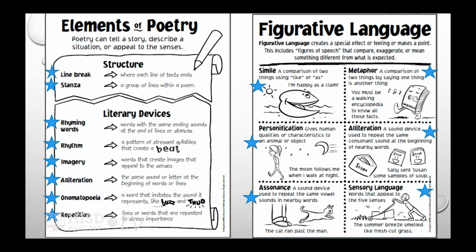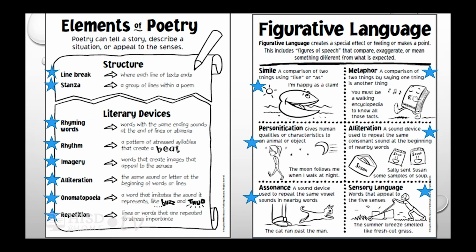A simile is a comparison of two things using like or as. I'm happy as a clam. A metaphor is a comparison of two things by saying one thing is another thing. You must be a walking encyclopedia to know all those facts.